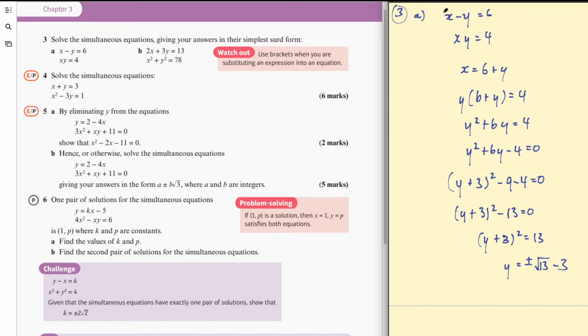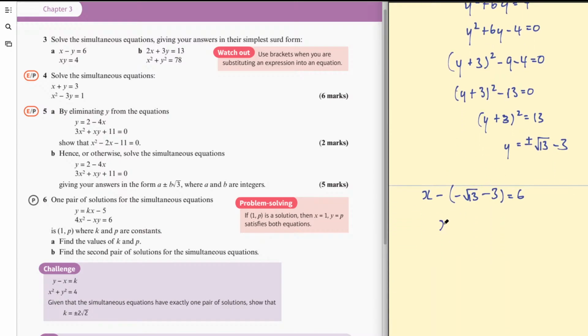So substituting those into the first equation, we would get x take negative root 13 take 3 equal to 6, and then x plus root 13 plus 3 equal to 6, and then x plus root 13 is equal to 3, and then x is equal to 3 take root 13.